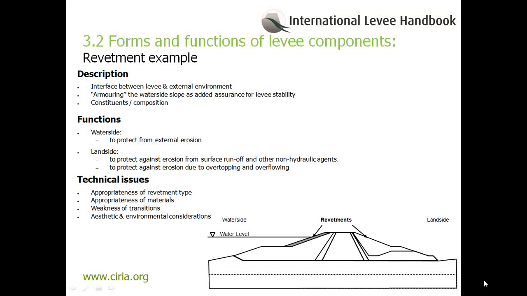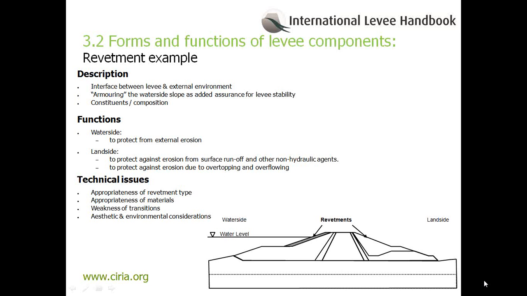The handbook then details the intended functions of the component. In this case, for a revetment, on the water side, it is constructed to protect the levee from external or surface erosion caused by currents and wave action. In a coastal environment, roughness elements or slopes partly covered by rock are often used to increase the surface roughness and to reduce wave run-up heights and wave overtopping rates.